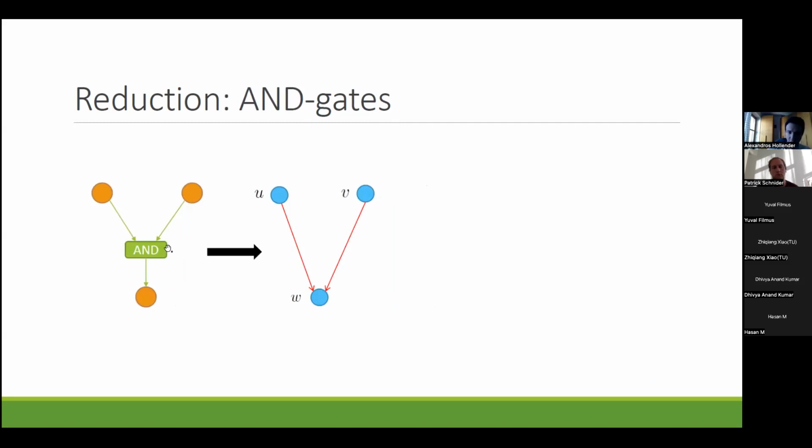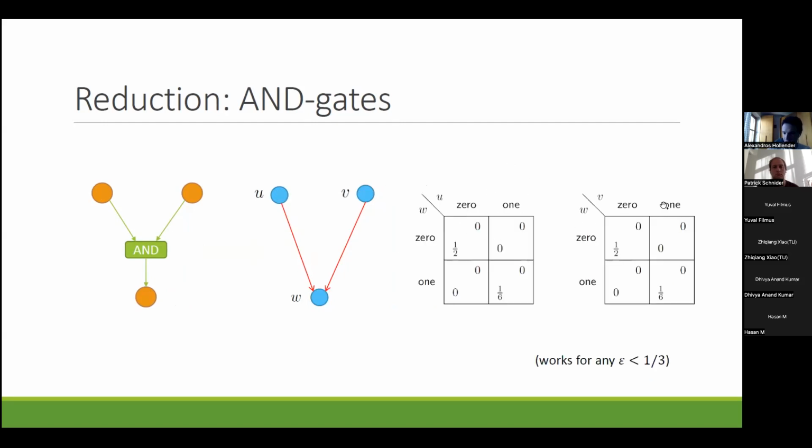So if you have an AND gate somewhere, and these are the players corresponding to the nodes, then you're going to define the interaction between those two players. And it turns out that you just need to define the interaction between U and W and V and W. So you have those two matrices that represent the payoffs.